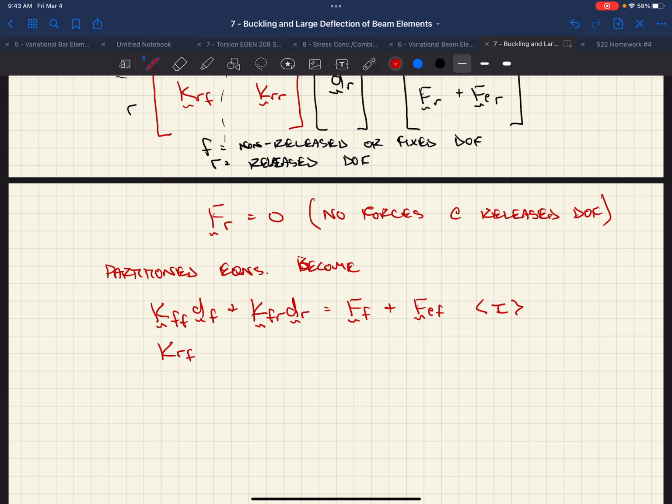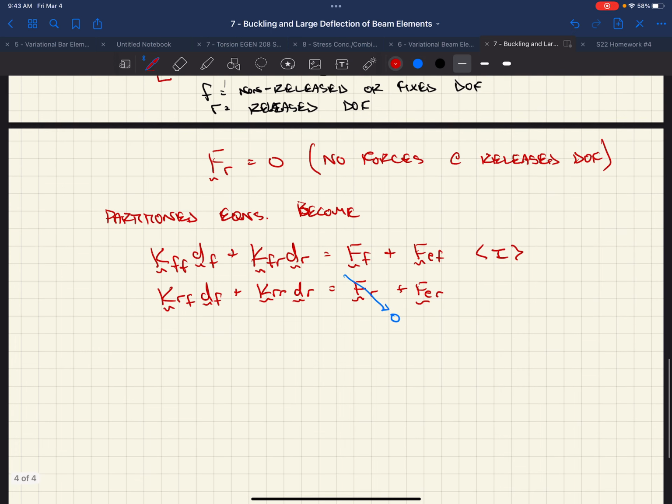We get K_RF d_F plus K_RR d_R equals F_R plus F_ER. Hope you guys are keeping up. As I said, F_R is equal to 0. This we'll call equation 2.